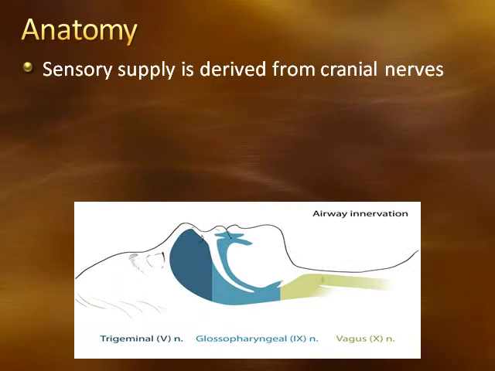The sensory supply to the upper airway is derived from the cranial nerves. The mucous membranes of the nose are innervated by the ophthalmic division of the trigeminal nerve anteriorly and by the maxillary division posteriorly. The palatine nerves provide sensory fibers from the trigeminal nerve to the superior and inferior surfaces of the hard and soft palate.